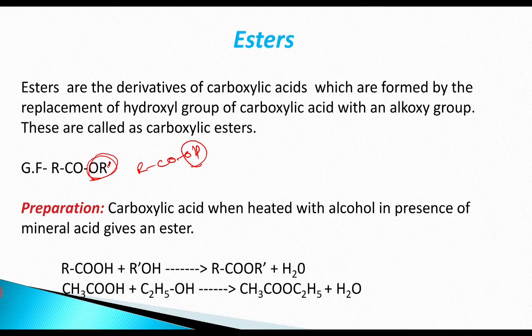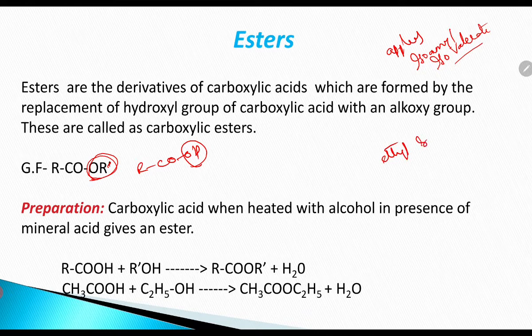For example, the flavor of apples is due to the presence of isoamyl isovalerate, which is an ester. Another example is ethyl butyrate. The flavor of peaches is due to the presence of ethyl butyrate.